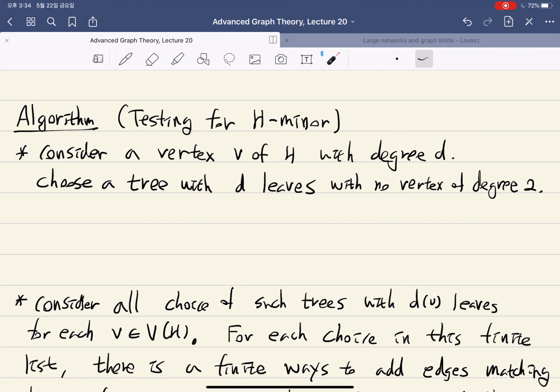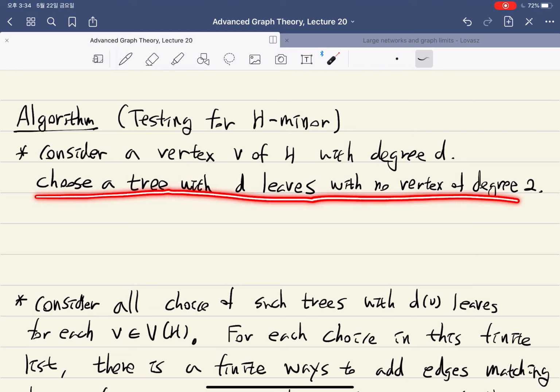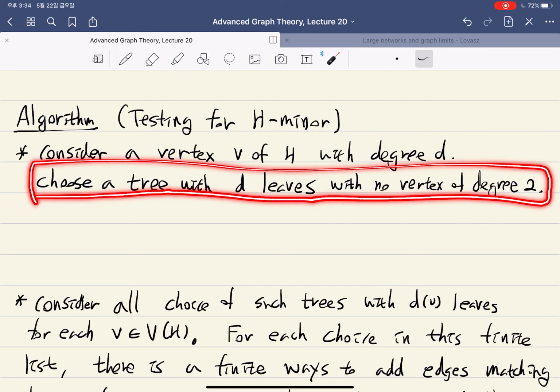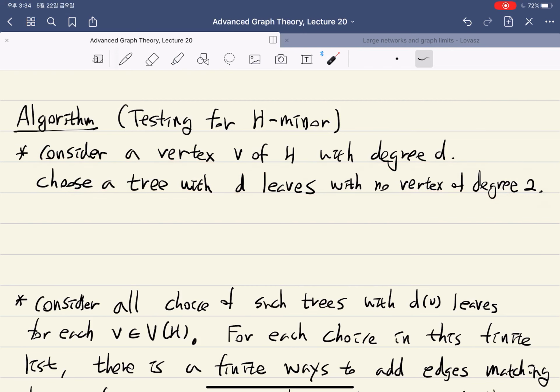So what we do, we first consider each vertex of H which has a degree D. Then we choose a tree with exactly D leaves with no vertex of degree 2. So every time you have one more vertex of degree bigger than 2, you get one more leaf.